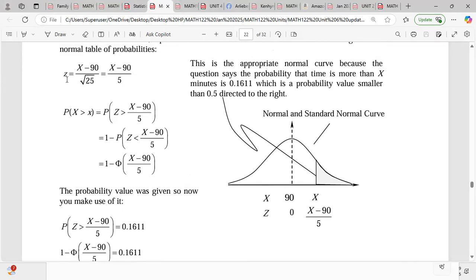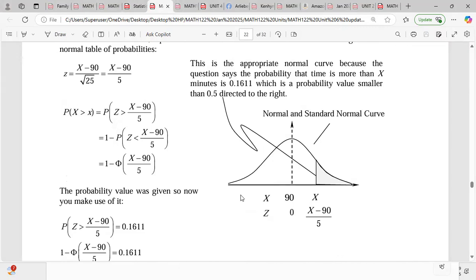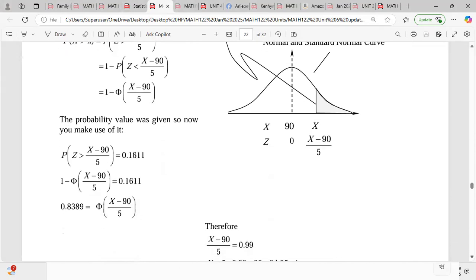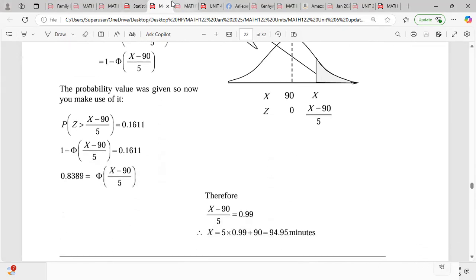If we can get z, then we can do some simple algebra to get x. The z is found in this table. To get z, you use a probability value. The probability value for this example is 0.1611. It was subtracted from 1 to get 0.8389.